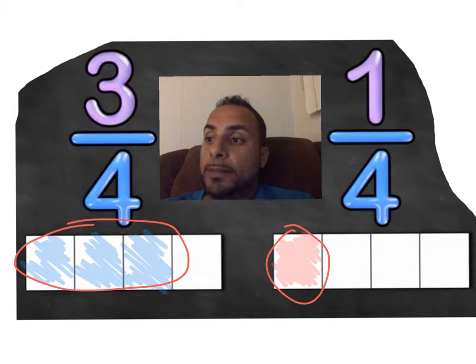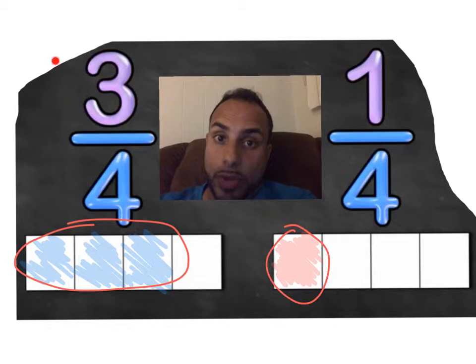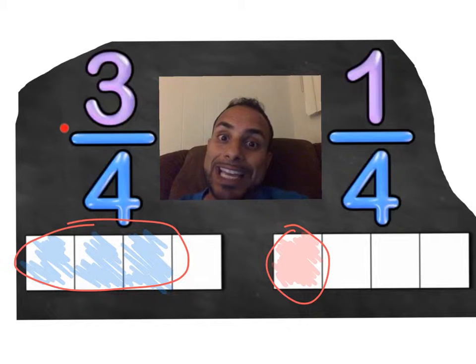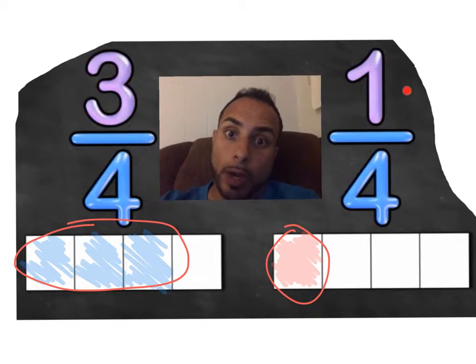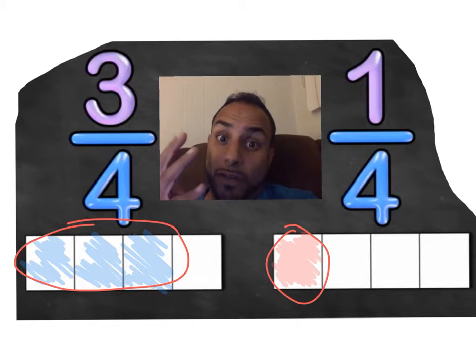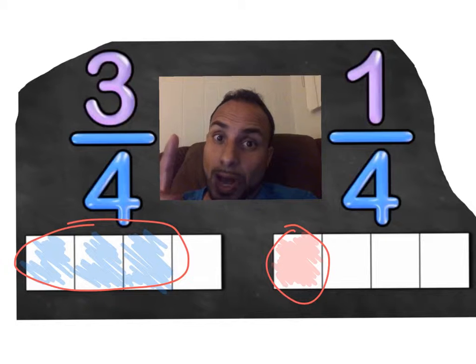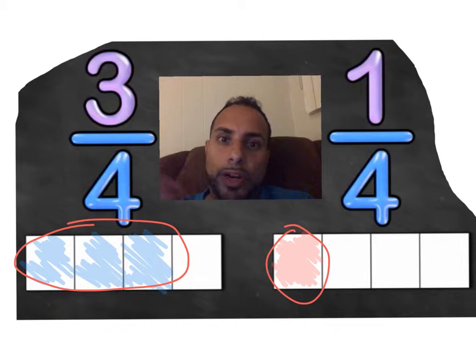So we can say that 3/4, that's how we say this fraction right here, 3 out of 4, is larger or bigger than 1 out of 4, 1/4. When it's out of 4, we call it quarters because there are 4 quarters in one whole, in $1. Right? A quarter is 1 out of 4.